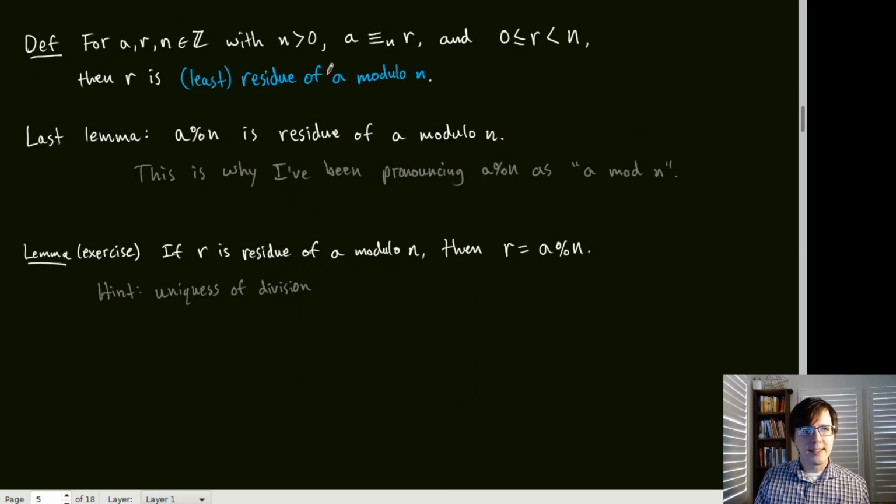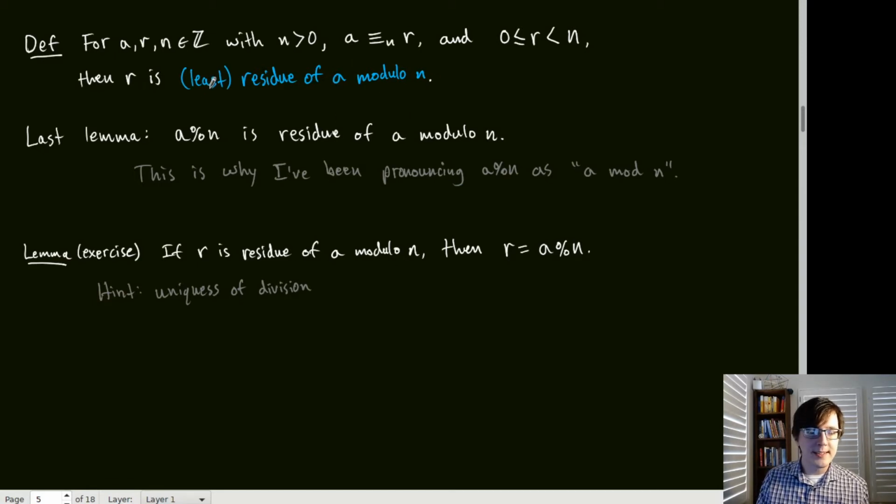Okay, one concept that's related to the previous lemma about a%n is the residue of a number modulo n. So if we have 3 numbers, a, r, and n, where n is positive, and if a is congruent to r mod n, and if r is also a remainder, like in the division algorithm, then we say that r is a least residue of a modulo n.